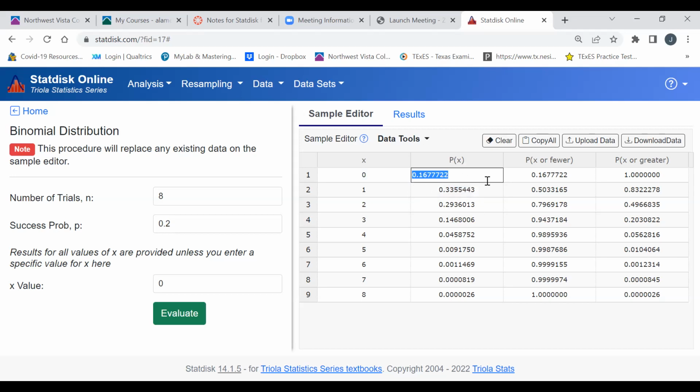It's not letting me highlight it, but anyways, it's that number. I'm going to round it to 3 places. So that equals 0.168. 0.168 is my answer for exactly 0.